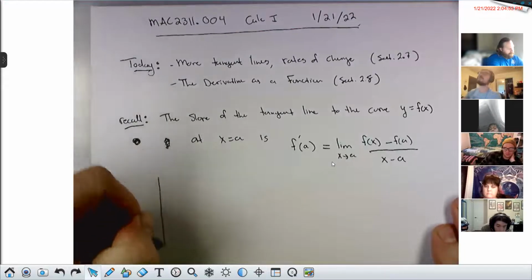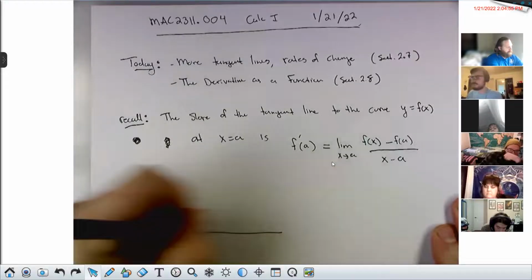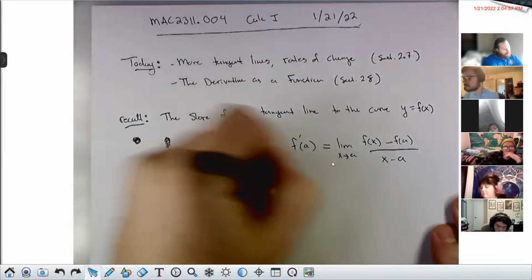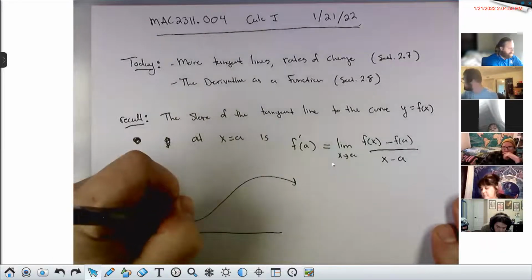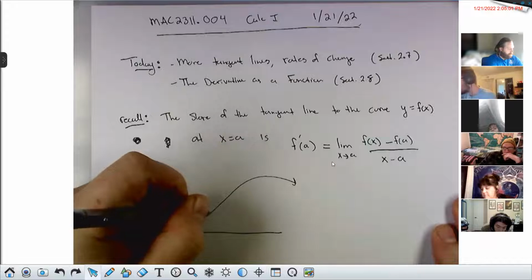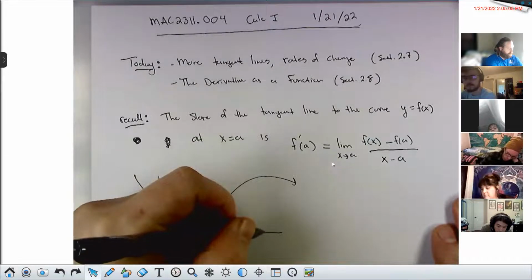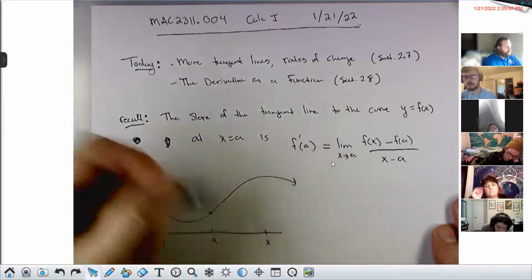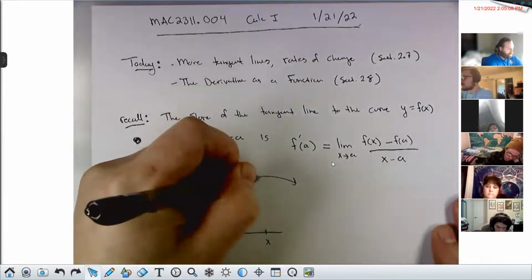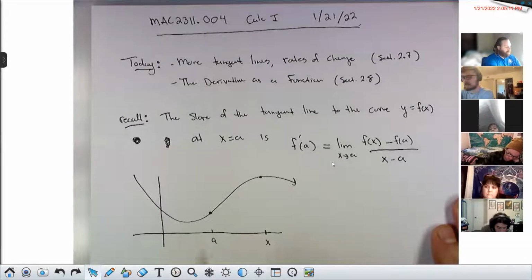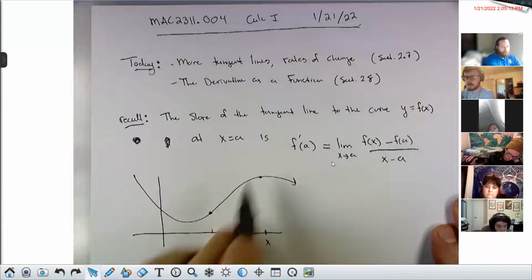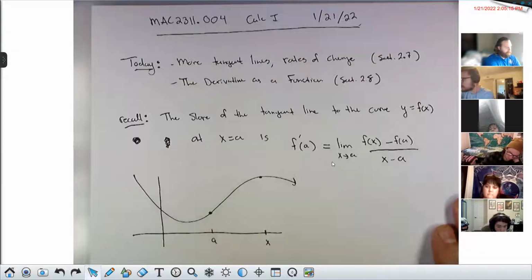I'm not going to redraw the whole picture here, but the basic vibe was, if this is a and x was over here, then this point was a comma f of a, and this point was x comma f of x.